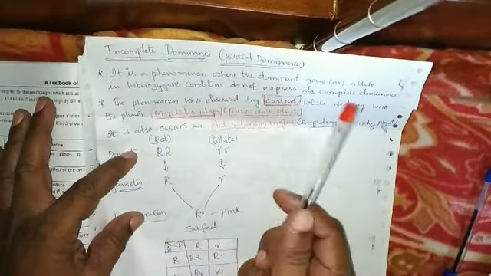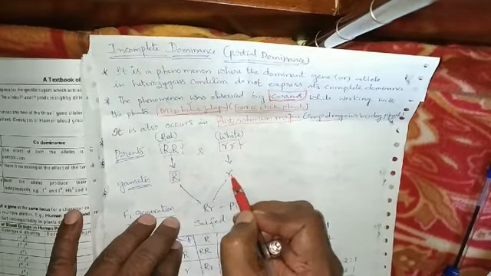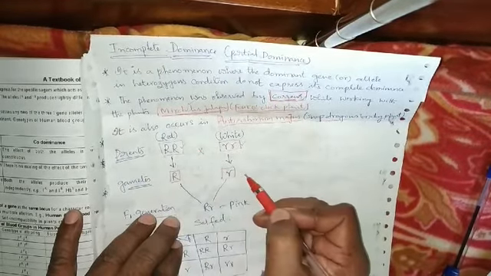These two plants, the red flowering plant and the white flowering plant, are crossed. What kind of gamete do we get from the red parent? Capital R gamete. From here, small r gamete. When these two gametes are fused, in the F1 generation we get capital R small r.